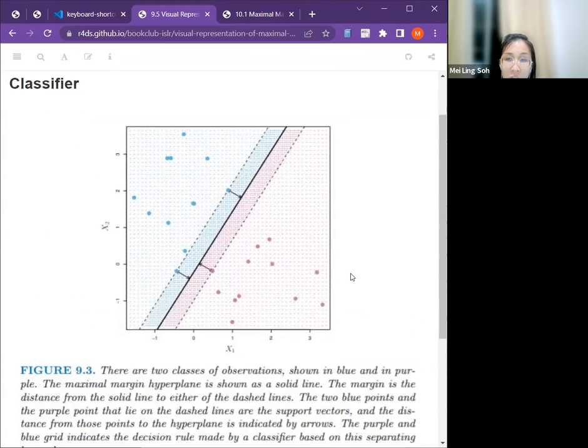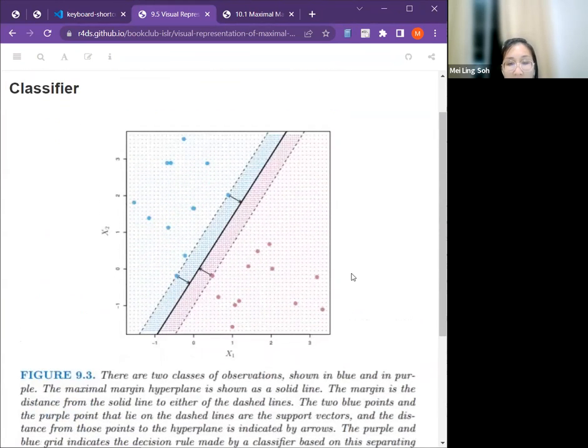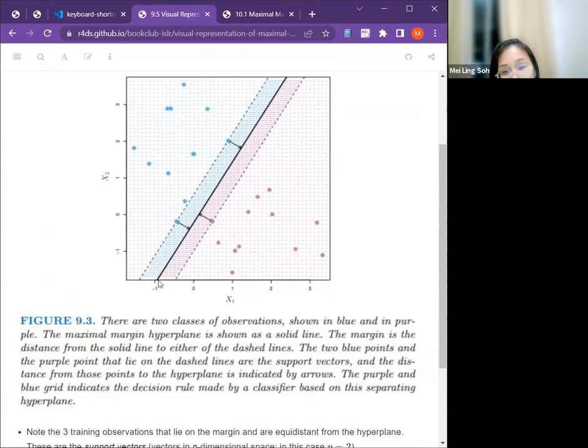Okay, so you can see this one, maximum margin classification. The black line is the hyperplane. These dotted lines, the margin is anything between the dotted line and the solid line.